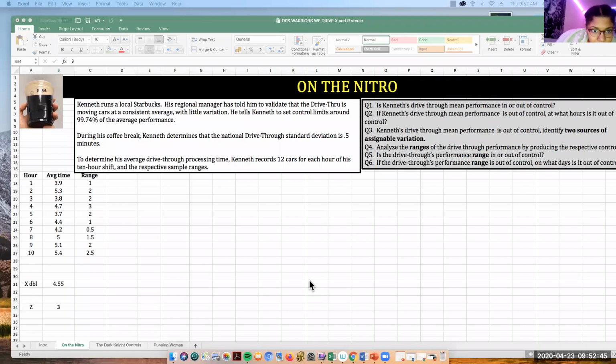Making like a scatter plot for like the... Say again? Can you say that again?